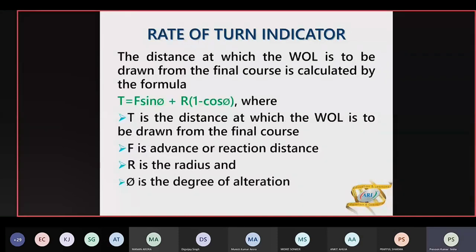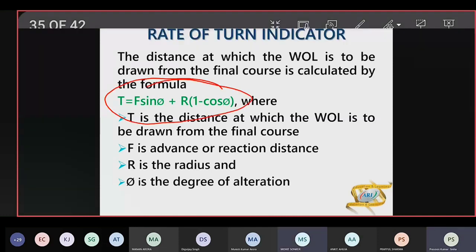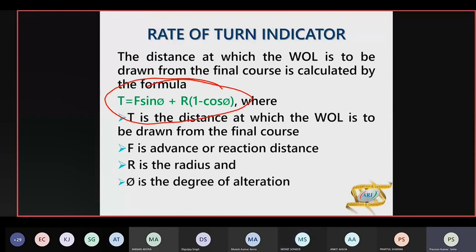Next, so I think we have already done this. Any confusion about this? T is equal to f sin theta plus r into 1 minus cos theta. Anyone? No, no, sir. Okay, good.